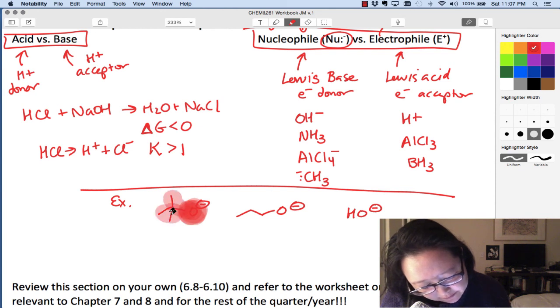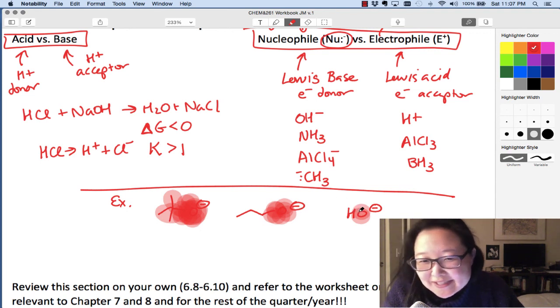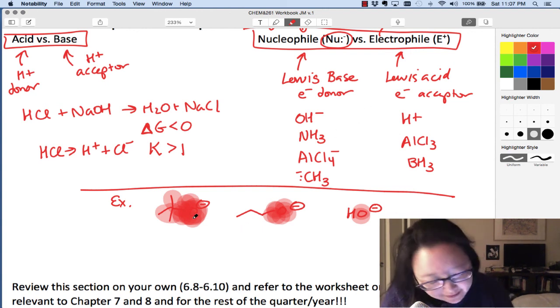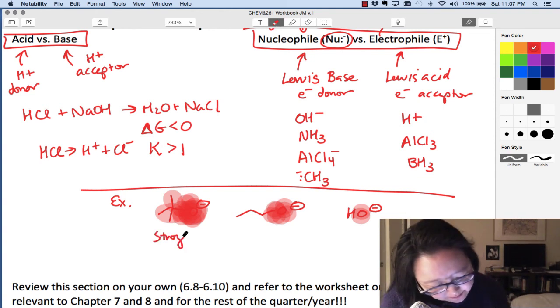The more carbon groups you have, the more electron density you can have on the O. Here I've got the most carbons in this tert-butoxide, so it's pulling the electrons toward the O. Here it's got a chain of carbons, it can pull the electrons toward the O. Here it's only got a hydrogen, so it has the least density. So by induction we have a stronger base on the left here. Tert-butoxide is the strongest base compared to the others by induction. So we learned that before.